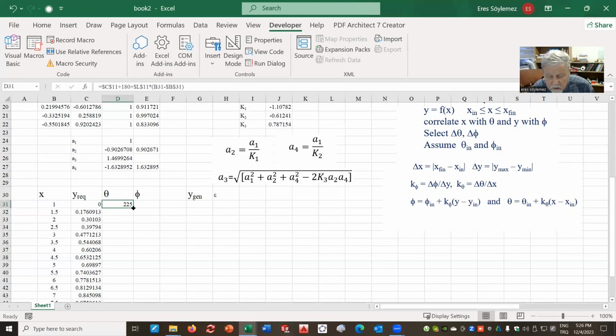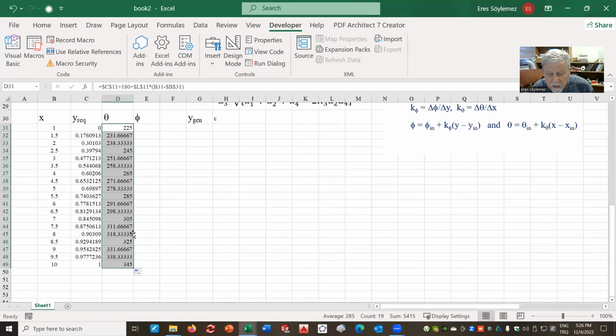Again, double click, you will end up with the theta values.